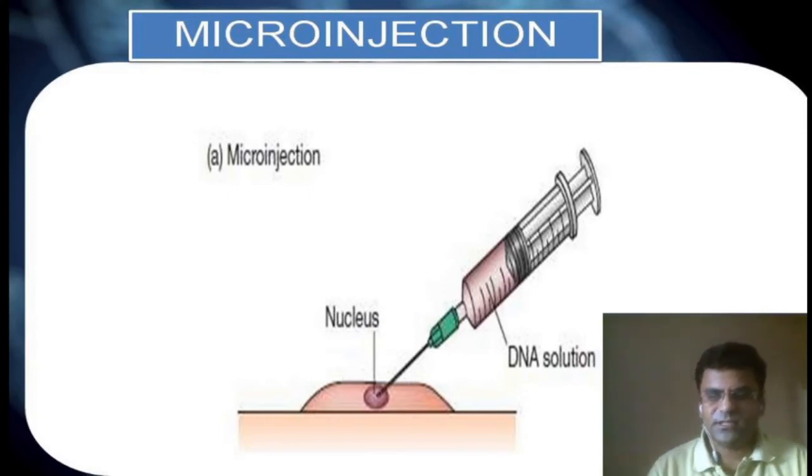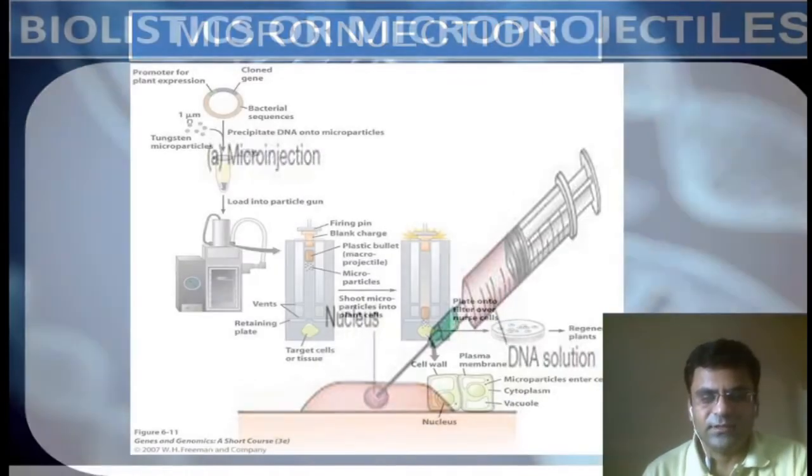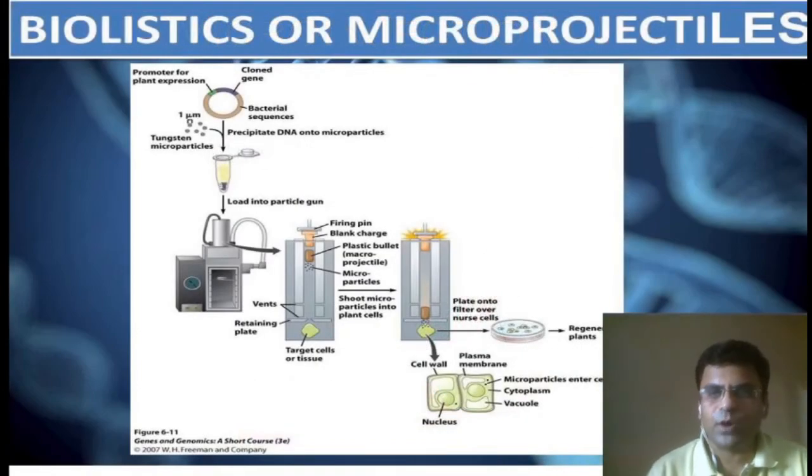The desirable gene is then injected into the subcellular compartment and the needle is removed. This methodology has some limitations. It is a costly method, it requires a skilled person, it is more useful for animal cells only, and it can be used to transfer individual chromosomes.